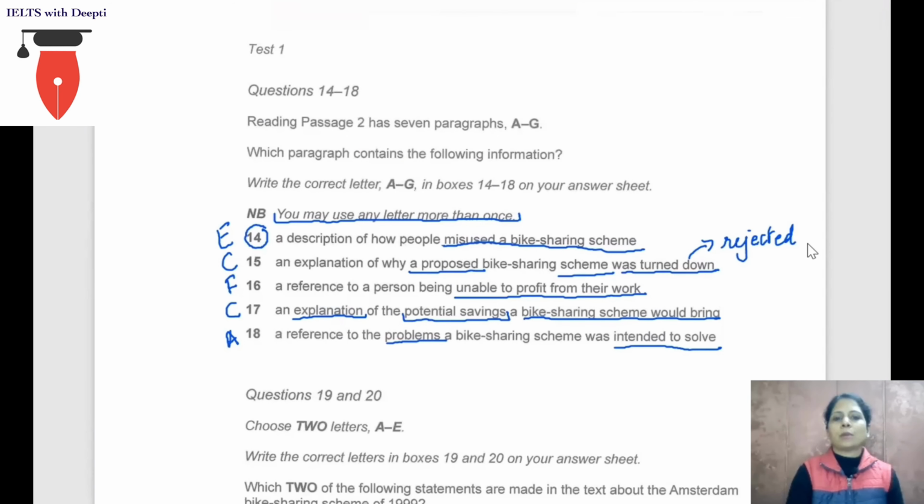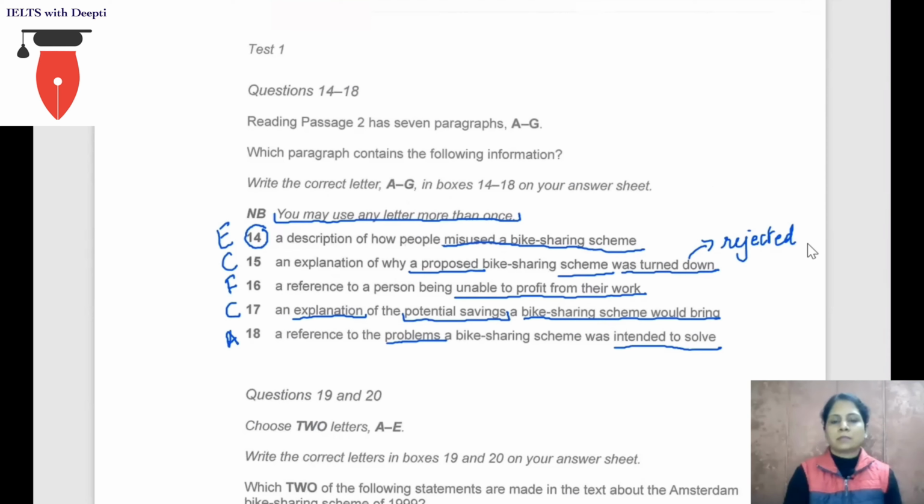A reference to problems a bike sharing scheme was intended to solve. So what problems was the bike sharing scheme intended to solve? Consumerism and air pollution. That is what we get in A. So this is how our answers can be easily found when we read the passage carefully. The important point that we need to understand here is the role of synonyms.